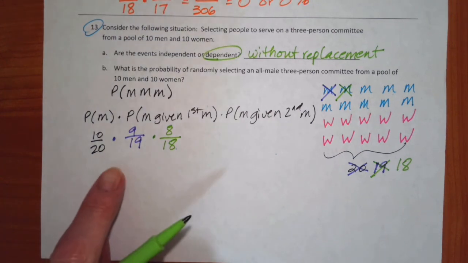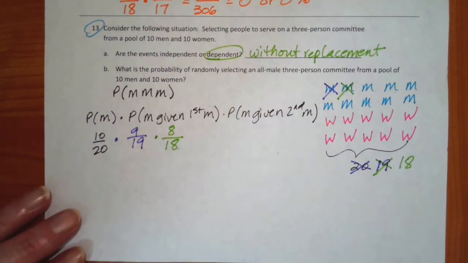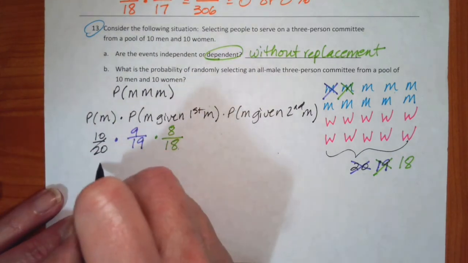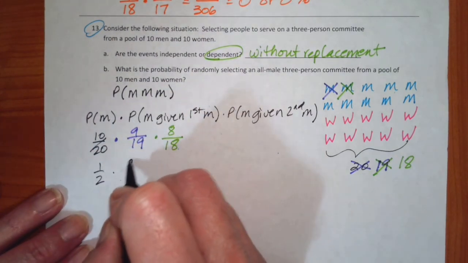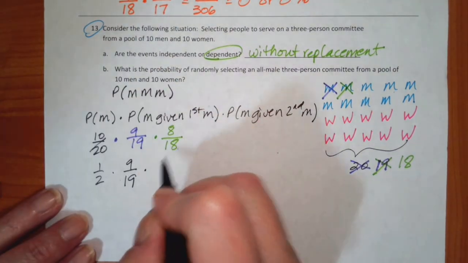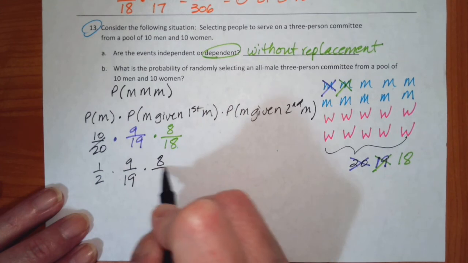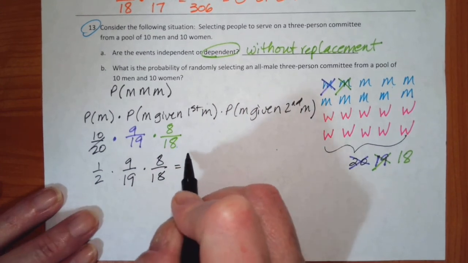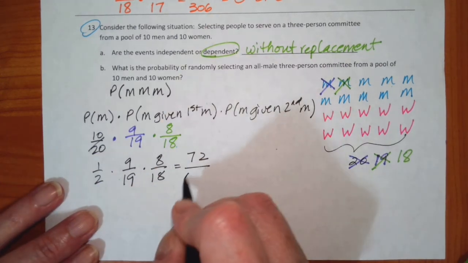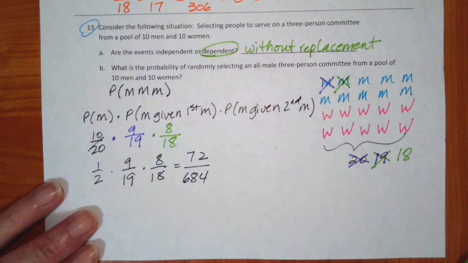Okay. Well, this is 1/2, so I'm just going to write this as 1/2 and do my multiplication. So this is 1/2 times 9 over 19 times 8 over 18. 9 times 8 is 72. 2 times 19 times 18 gives me 684.